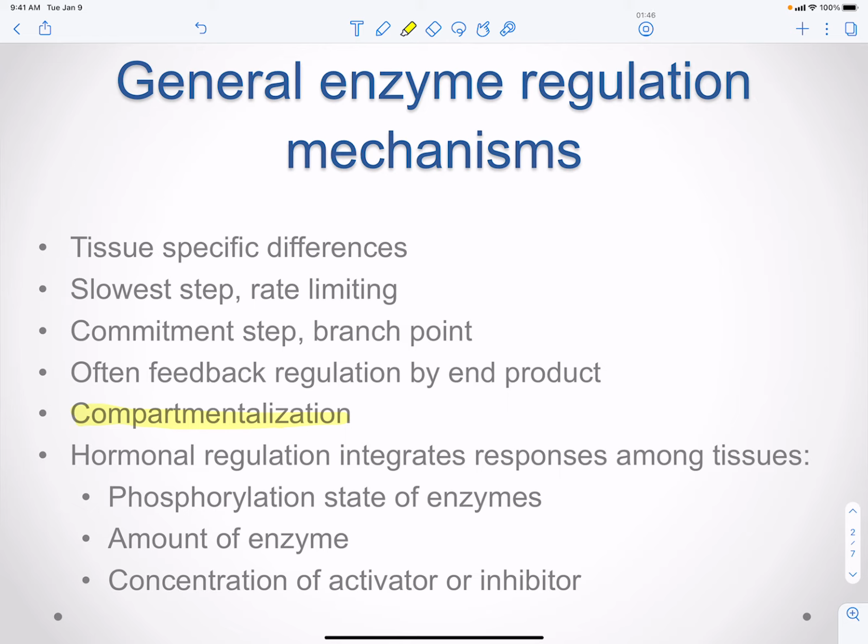So hormonal regulation through phosphorylation, which is a very easy and quick way to turn enzymes on and off. The amount of enzymes, so some of these hormonal regulations will cause an increase in enzymes being transcribed and translated. And you can have concentrations of activators or inhibitors in order to control an enzyme.